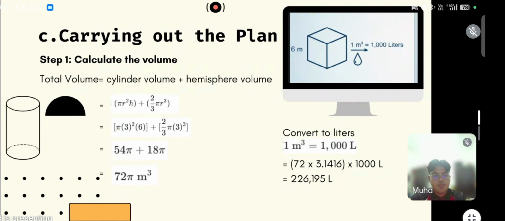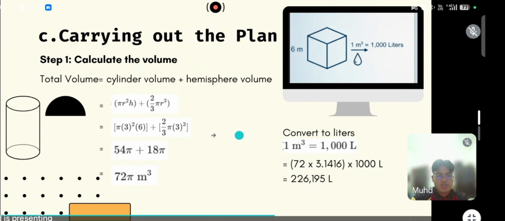So the third step in Polya is carrying out the plan. Langkah pertama dia ialah calculate the volume of cylinder and hemisphere. So we use the formula of cylinder, which is pi r squared h, plus hemisphere, 2/3 pi r cubed.